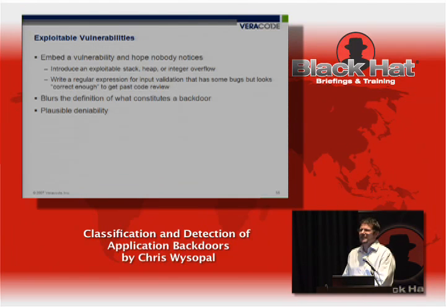Everyone would think, oh, he just made a mistake when he was coding up the application. So it gives that plausible deniability. If you're worried about someone tracing back to you and saying, this person is the one who checked in this code, or this small set of people had access to this code, you could just put in an exploitable vulnerability and hope that there's no other mitigation at the system level keeping it from happening. So this really blurs the difference between a vulnerability and a backdoor.